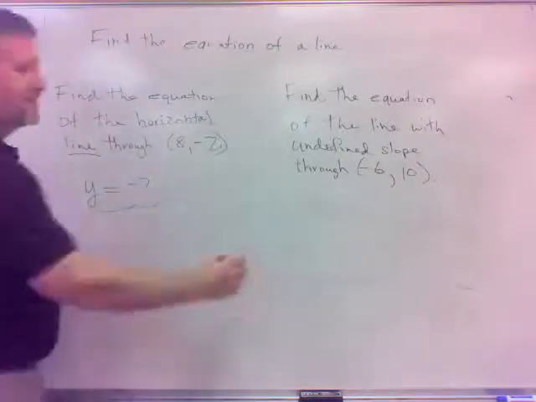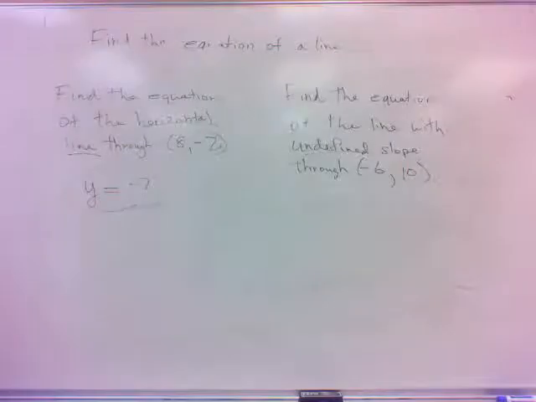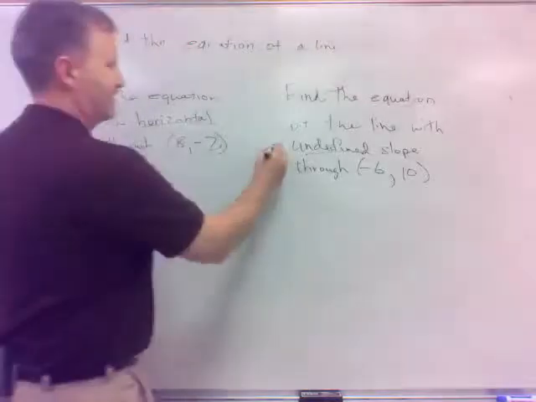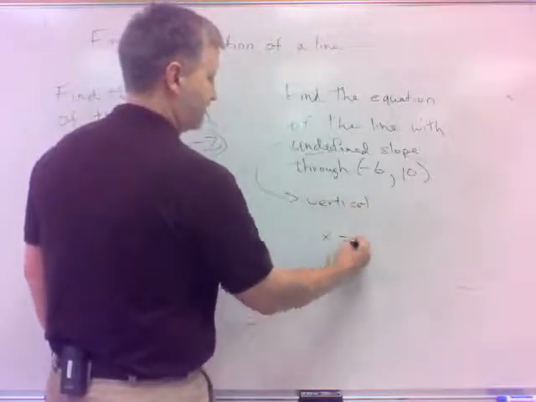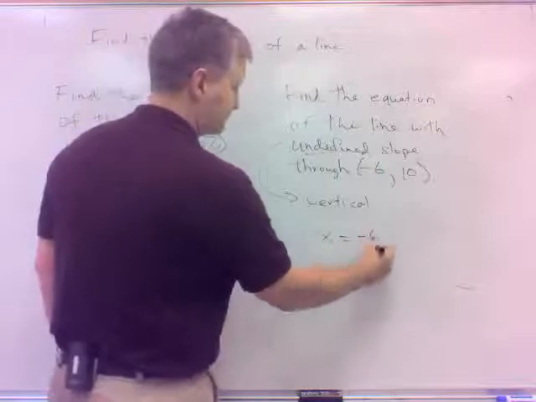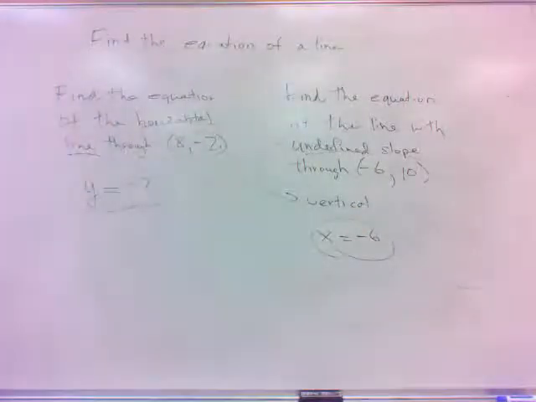In this case, I want the special case where I have undefined slope, and what lines have undefined slope? Vertical. So undefined slope is a vertical line, and vertical lines are x equals a number. And so it's x equals the x value of the point there.